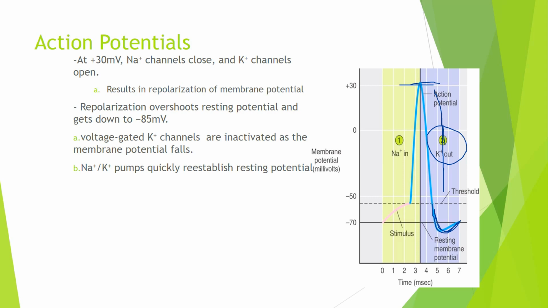At this stage, the voltage-gated potassium channels are inactivated, so no more potassium can leave the cell. And then the sodium-potassium ATPase pump is what's responsible for reestablishing the resting potential for that neuron. And so this phase would be an example of negative feedback.